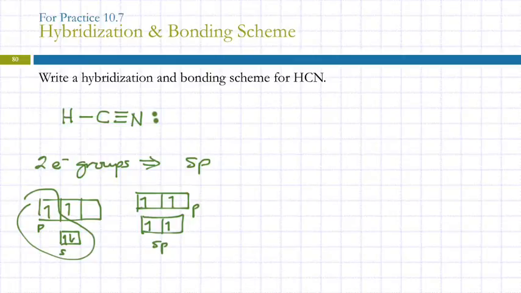Yes? I forgot how you figured out that sp only has 2 orbitals and P still has 2. Can you explain that? Well, sp hybridized, you understand how I got that? 2 electron groups, and then I counted on my fingers, right? sp.